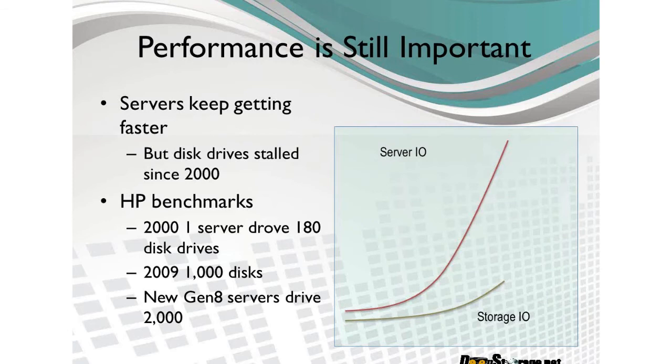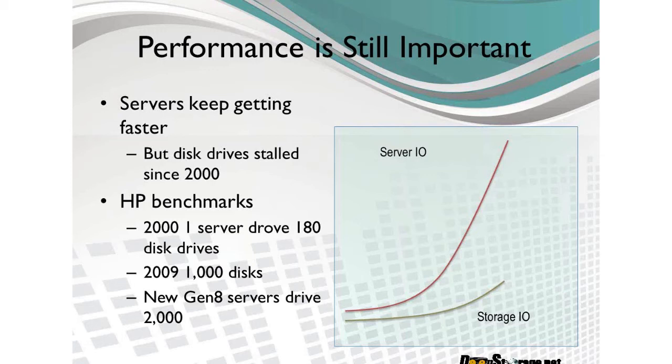Every couple of years, Intel comes out with a new generation of processors, and that generation of processors is somewhere from 50 to 400% faster than the last generation of processors. However, since the introduction of the 15K RPM drive in the year 2000, disk drives haven't been getting faster, and so we make systems built on mechanical disks faster by adding more disks.